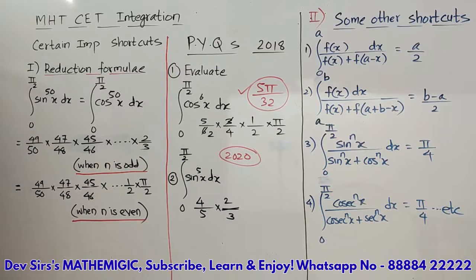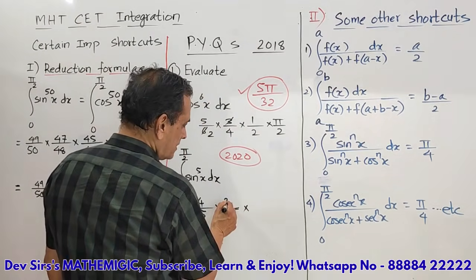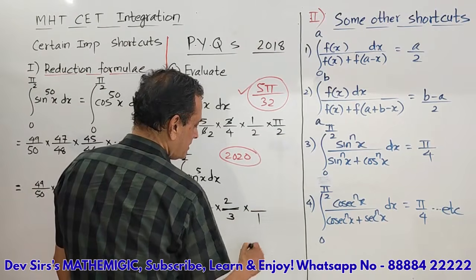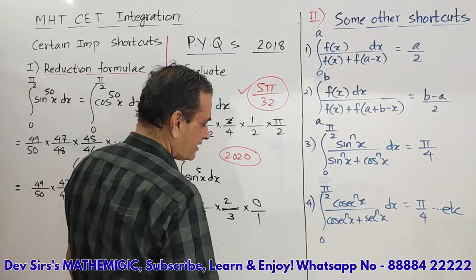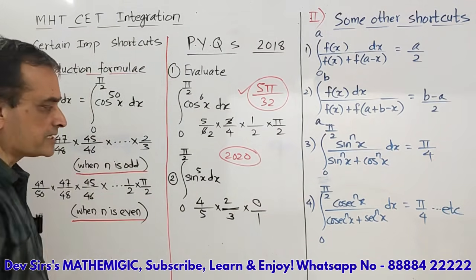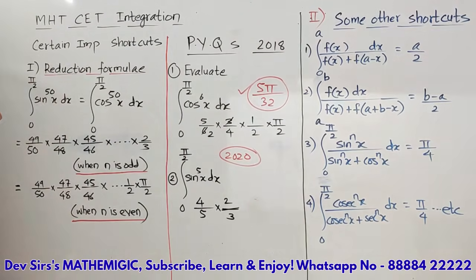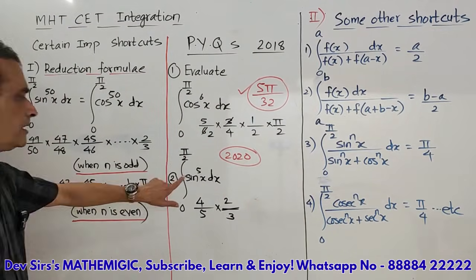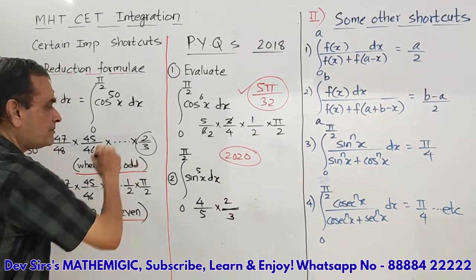भैया स्टॉप क्यों करते हैं? बिकॉज इफ यू ट्राई फॉर वन मोर, 1 less than 2 is 1. 1 के नीचे 0, मतलब 1 less than 1 is 0. So final answer will be 0 in this case. Easily you stop there. And when n is odd, you automatically get the last number as 2/3.